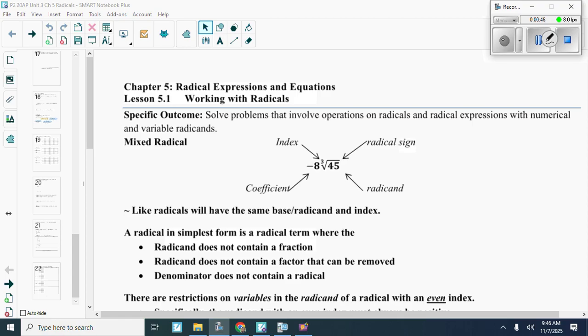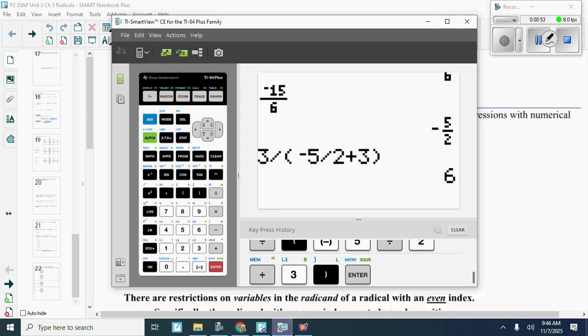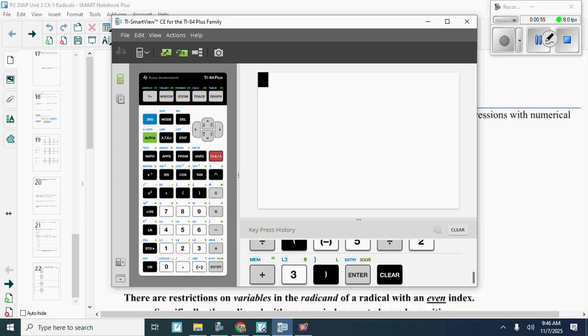What you want to make sure is that you know how to get to these features on your calculator. So pull out your calculator. Your regular square root button should be right above your squared.